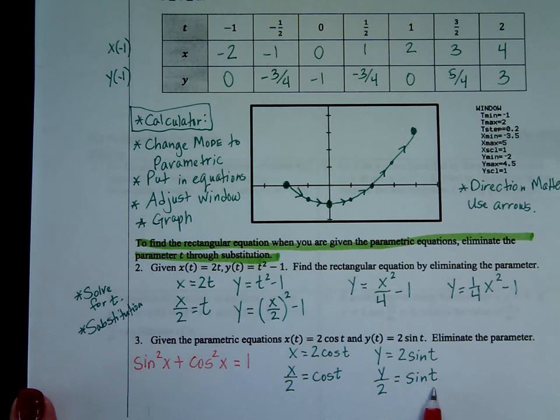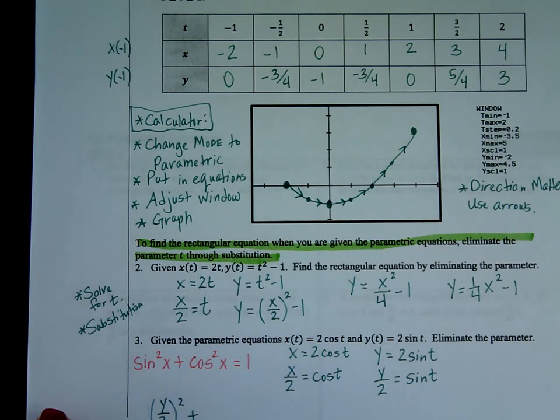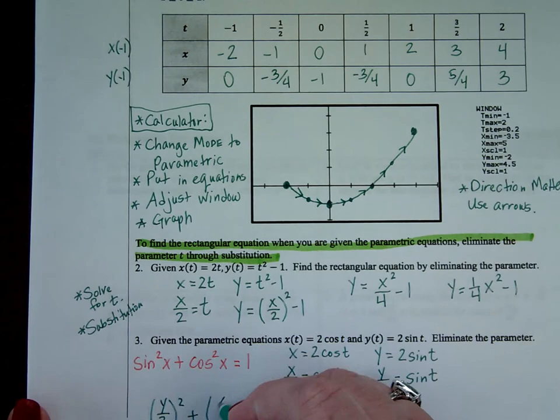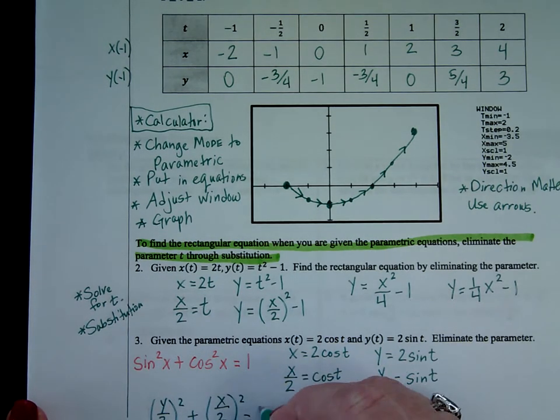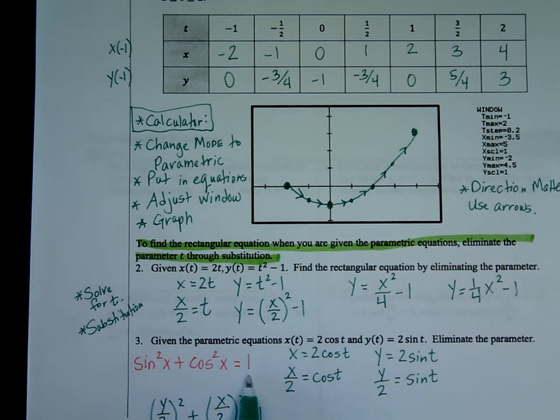Sine of t is y over 2, so sine squared of t would be (y over 2) squared plus. And I'm going to apply the same thing with the cosine. Cosine squared x, or in our case a t, is going to be (x over 2) quantity squared, and that equals 1. Totally coming from this identity. I'm just using a fact.